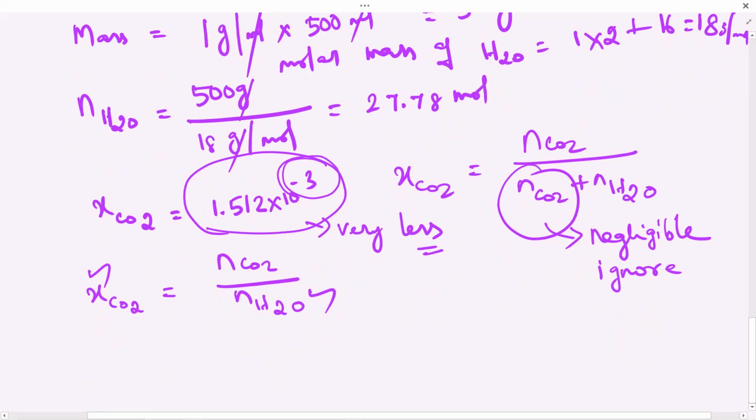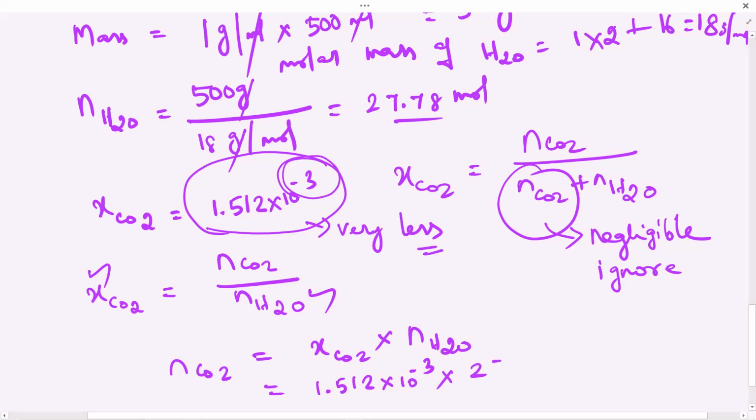So we can write the number of moles of CO2 is equal to mole fraction of CO2 into number of moles of H2O. So that is 1.512 into 10 to the power of minus 3, right? No unit, into number of moles. We found it out, that is 27.78 mole, right?